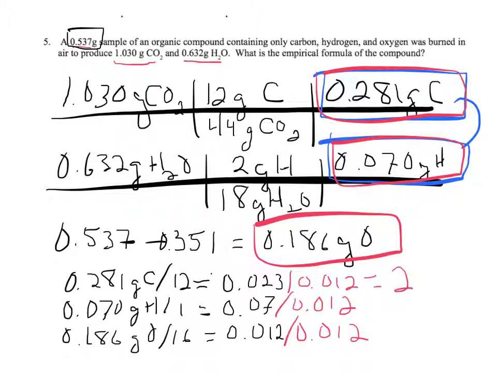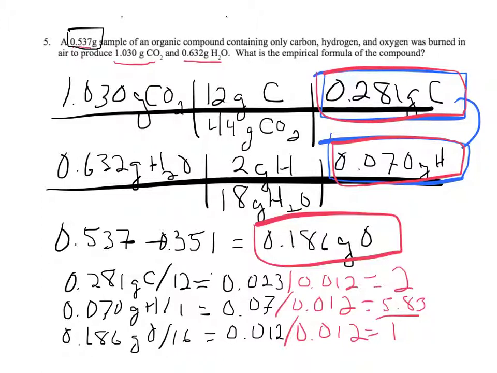This value comes out to be 5.83, which we're going to round up to 6, and this value may be 5.83 because I rounded some of my previous answers. And the last one is going to be 1.